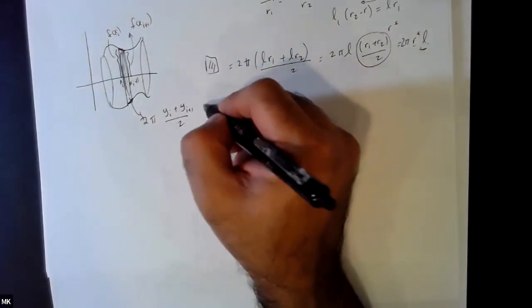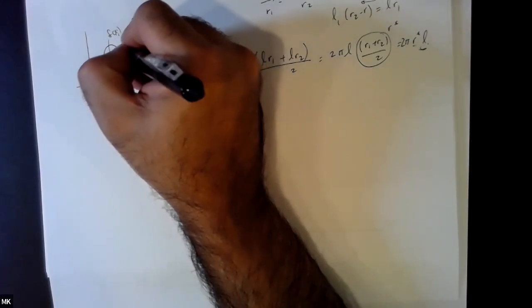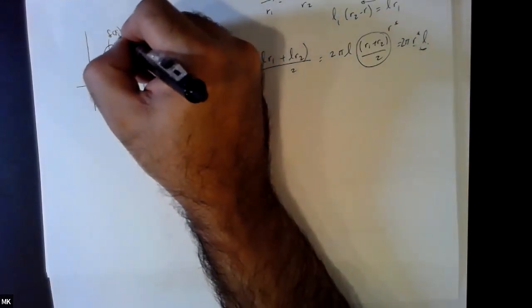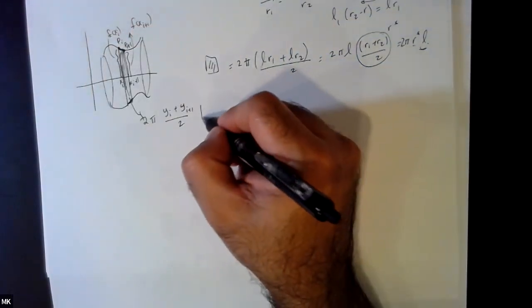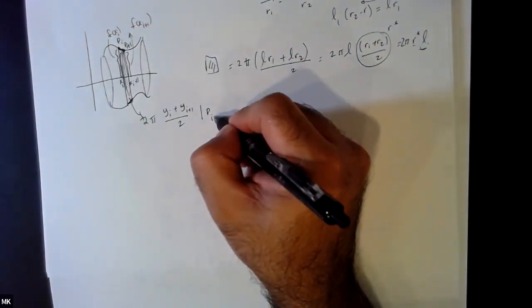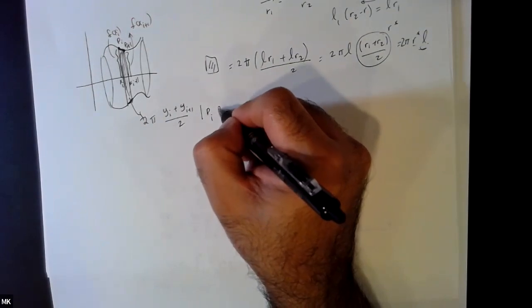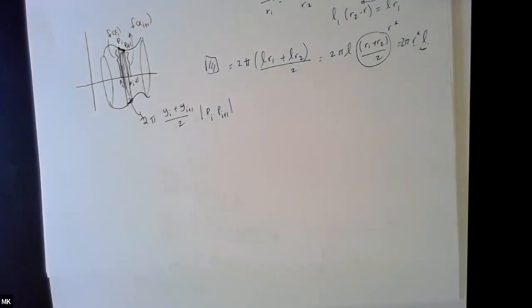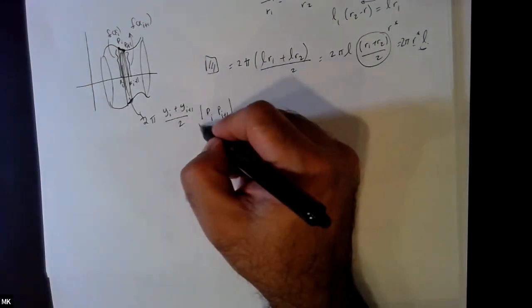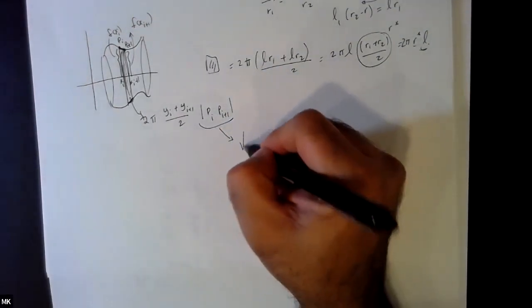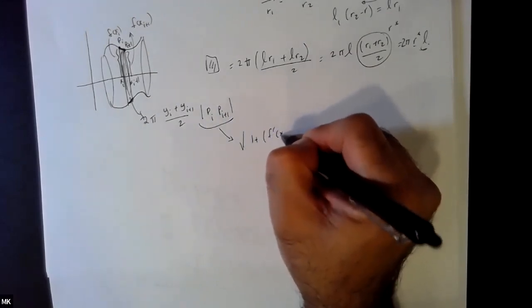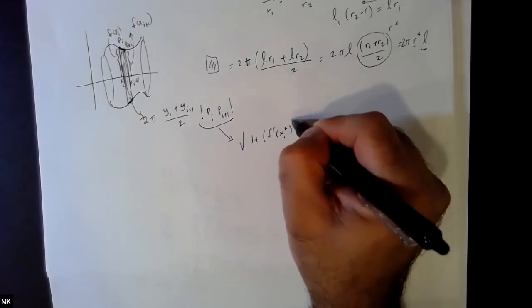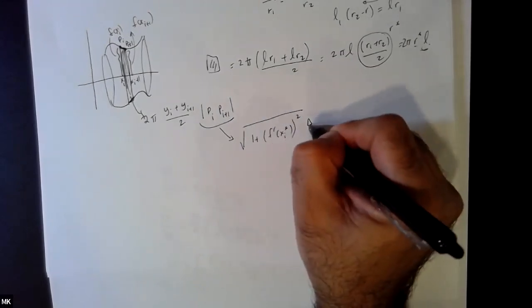If I give them point names, and I call one of them Pi and one of them Pi plus 1, it's going to be the distance from Pi to Pi plus 1. This, of course, is the arc length formula. It's going to be the square root of 1 plus f prime of xi star squared, times delta x.